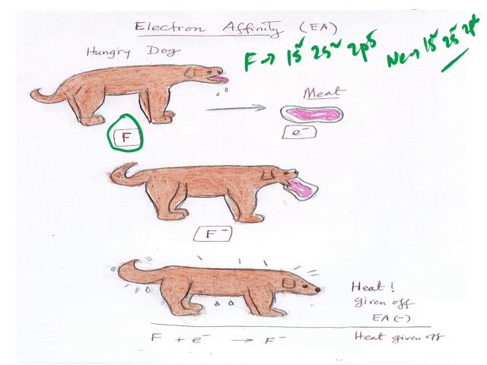And that's why fluorine shows great affinity for electron, just like a hungry dog would show affinity to grab the piece of meat. Now when it grabs the piece of meat, it provides calorie, and in the body of an animal, this calorie would cause exothermic reaction. That's how they maintain the body temperature, just like we maintain our body temperature.